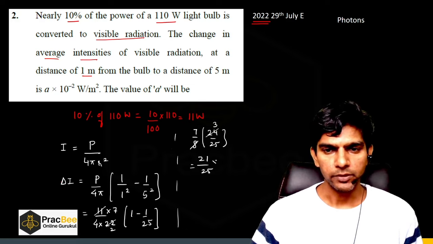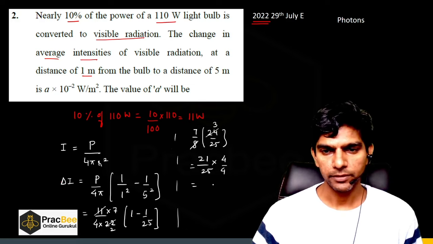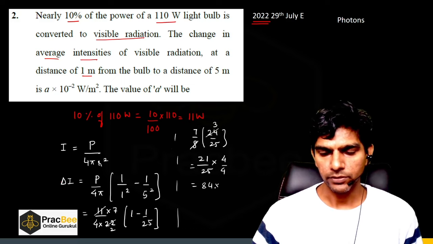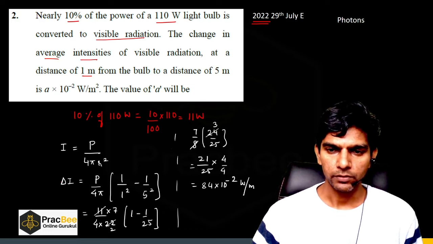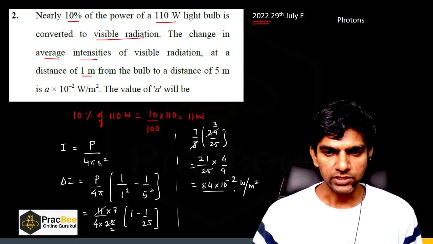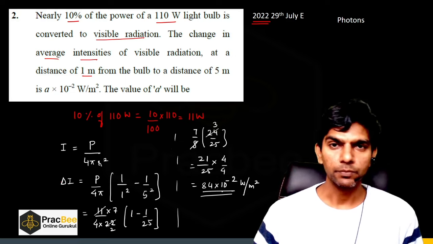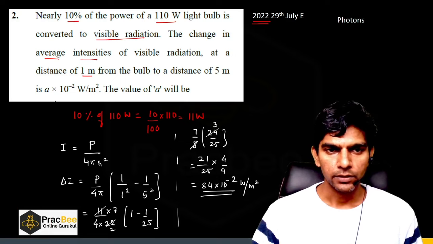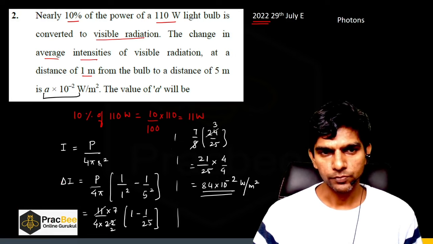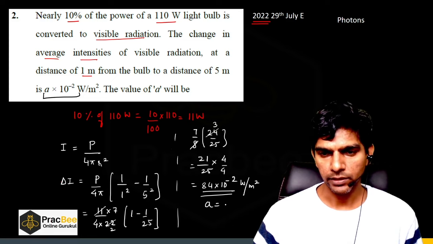Okay, so if I multiply numerator and denominator by 4, we will get 100 in the denominator, right? So this will be 84 into 10 raised to power minus 2 watt per meter square. So that is the change in the intensity. And if we compare our answer with the question, in the question it is A times 10 raised to power minus 2. So we can clearly see that A is nothing but 84. So A is 84.